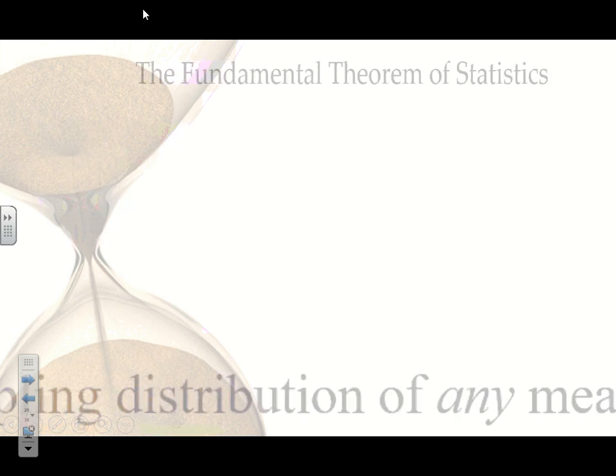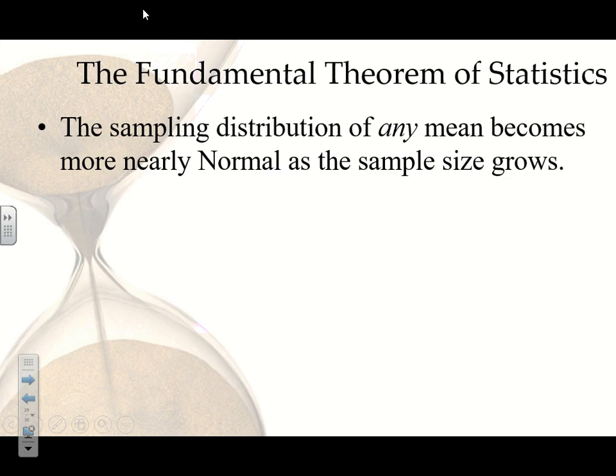Okay. So, the fundamental theorem of statistics. The sampling distribution of any mean becomes more nearly normal as the sample size grows. There are lots of situations that can arise from these sampling distributions. Our population distribution can be any shape.